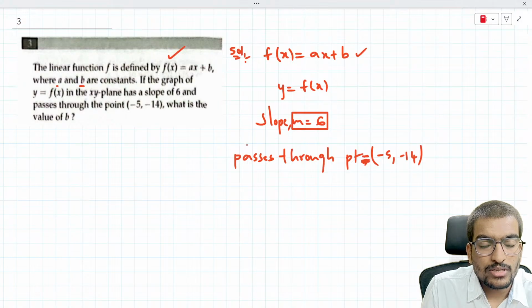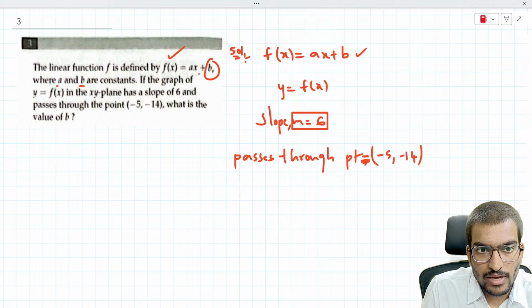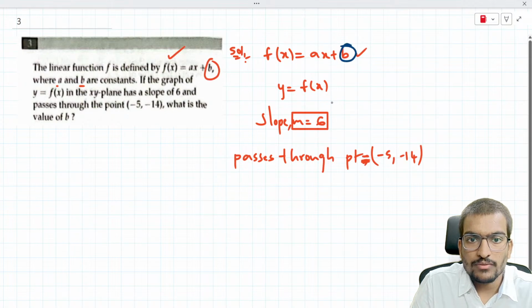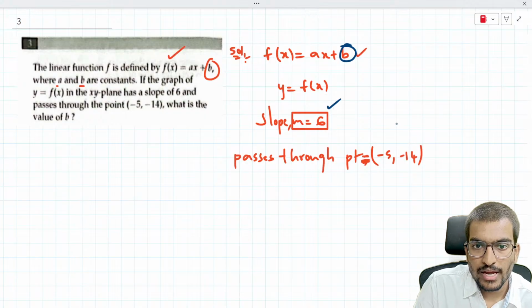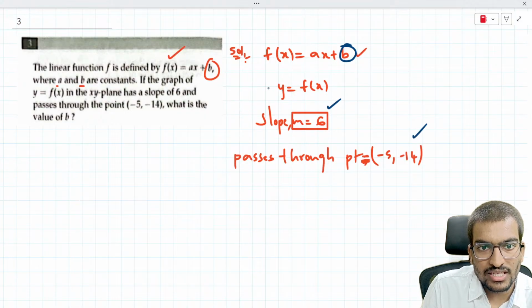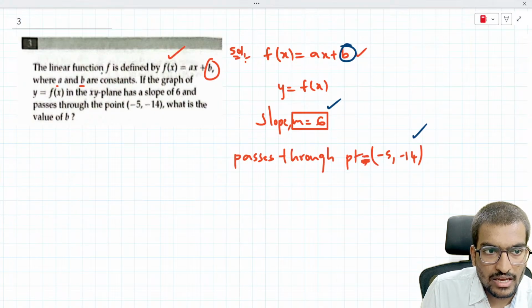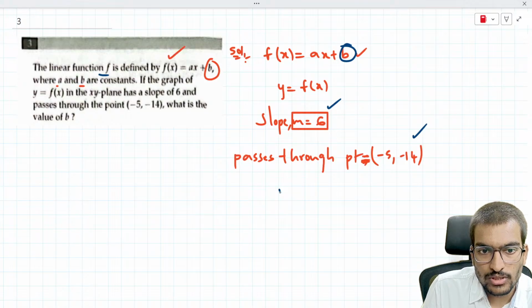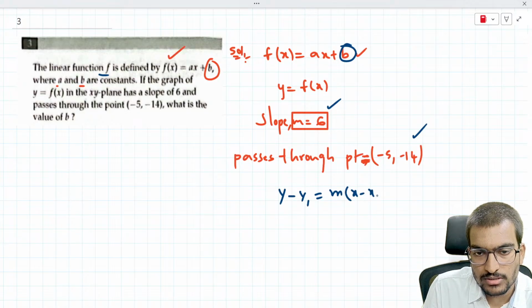Now what is the value of b? We need to find this value of b. How can we find it? Here we clearly know the slope and we have a point. If we have a slope and a point, we can get the equation of the linear function f. So we use y minus y1 equals m into x minus x1.